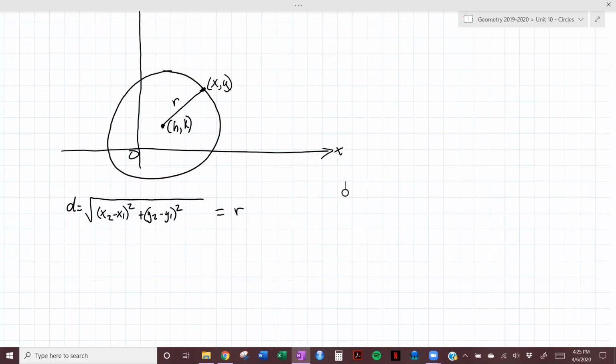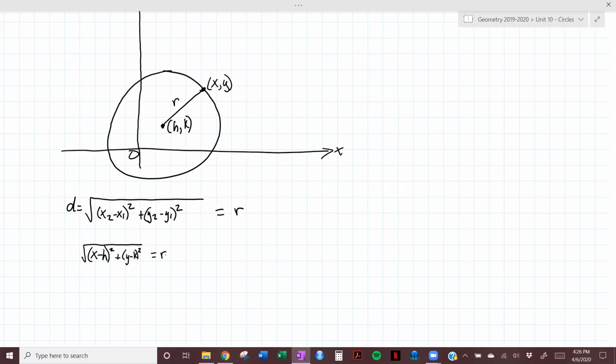When we want to find the radius, we need to figure out what our points are. So this is going to be the square root of x minus h quantity squared plus y minus k quantity squared equals r. But the basic equation goes with r squared.